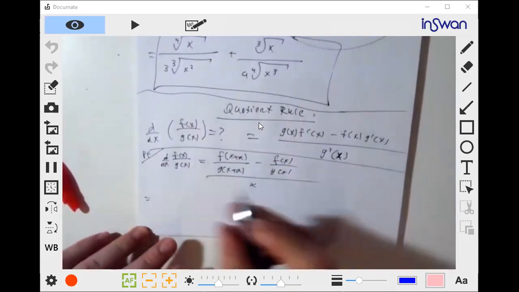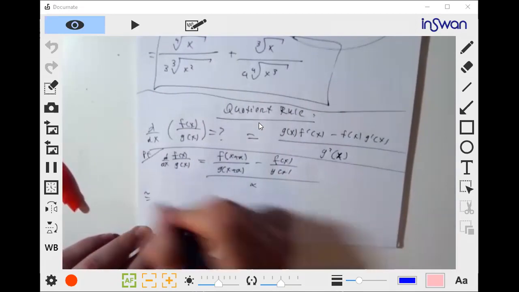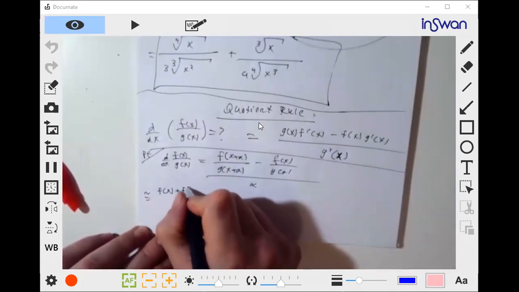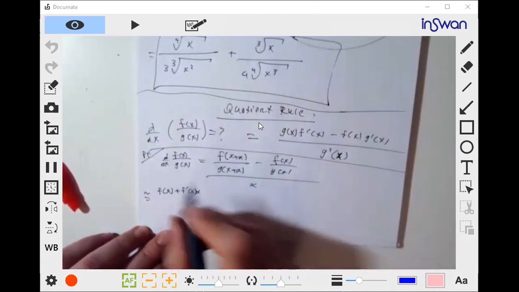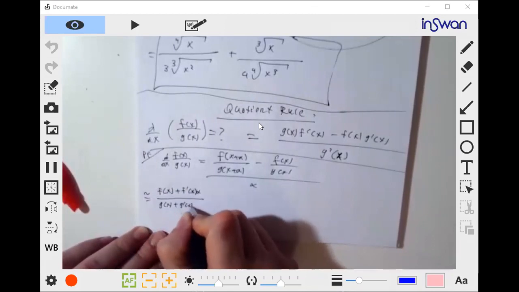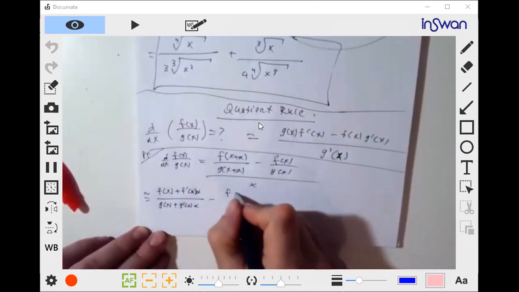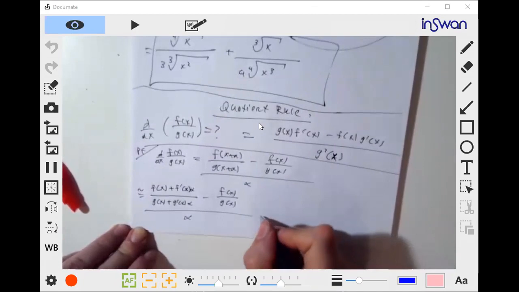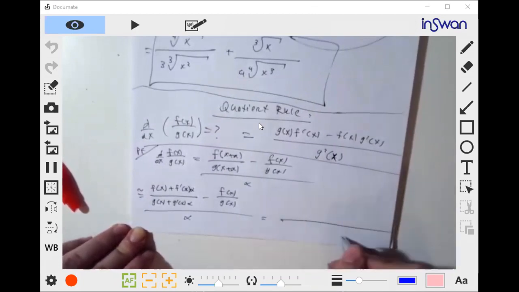But this is the same thing by local linearity as f of x plus f prime of x alpha, all over g of x plus g prime of x alpha, minus f of x all over g of x, everything divided by alpha. So whenever we combine, this equals everything divided by alpha.